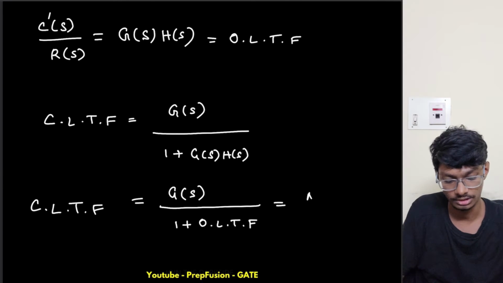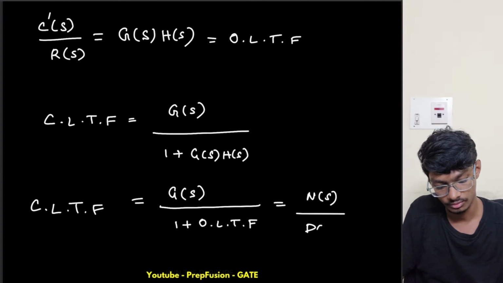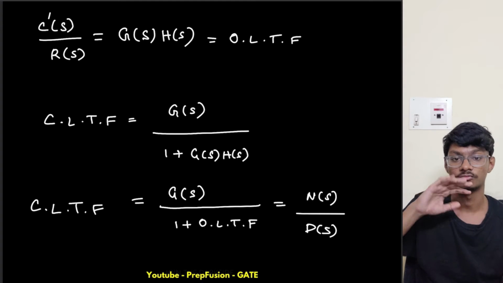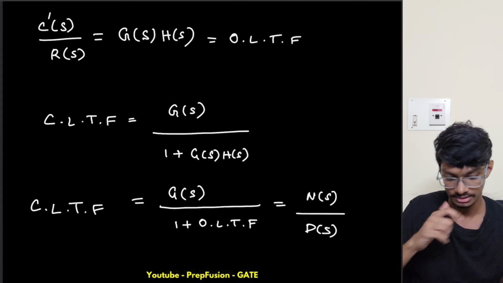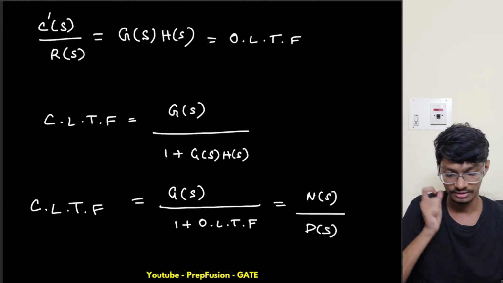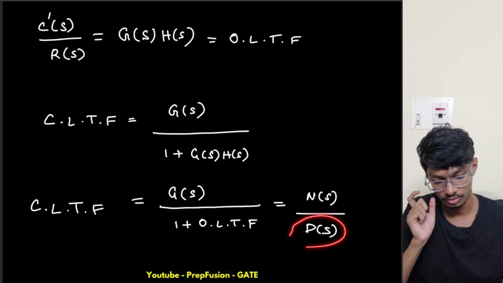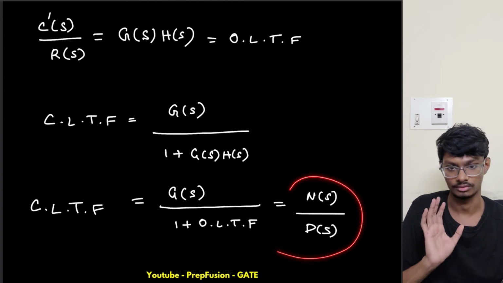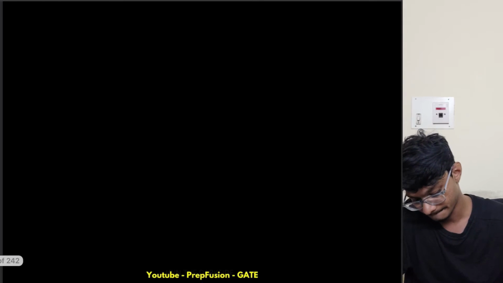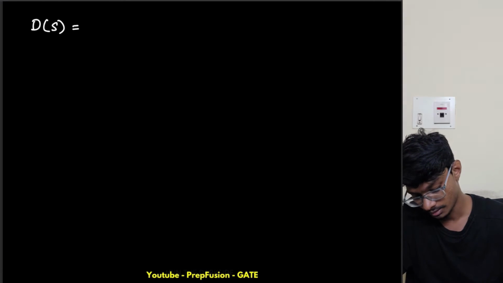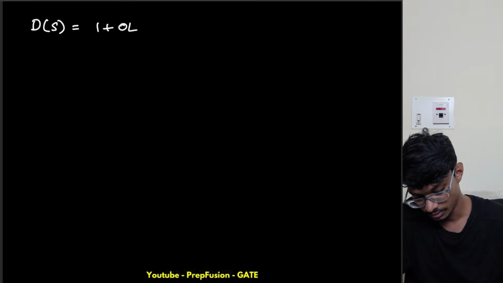Now I will write OLTF in terms of CLTF also, in terms of numerator and denominator, but this is not that important. What is important, I will tell you later, but first let me talk about this denominator, which equals 1 plus OLTF.